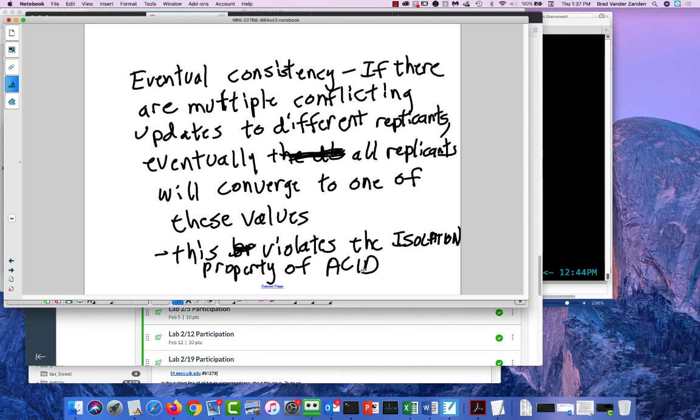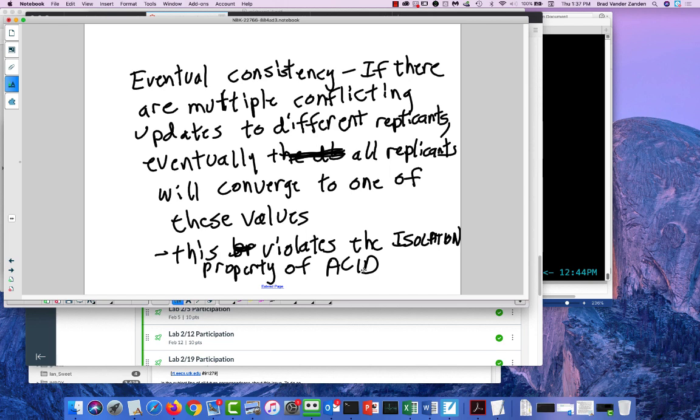So I'm not exactly sure how they do it or what they're sacrificing. I have to admit, I'm not in that research area. If any of you know, happy to hear about it. But I do know that's what they're willing to give up: certain updates not making it into the database. But eventually, it will converge to one.